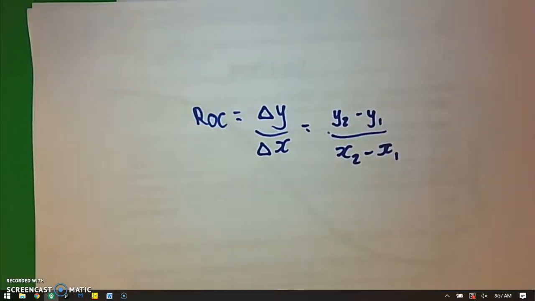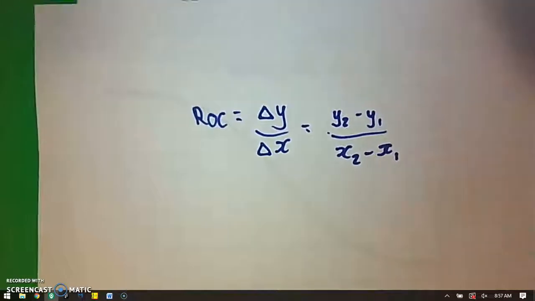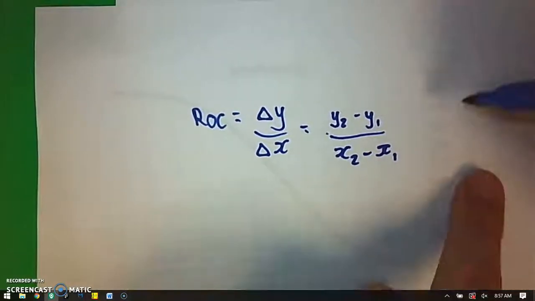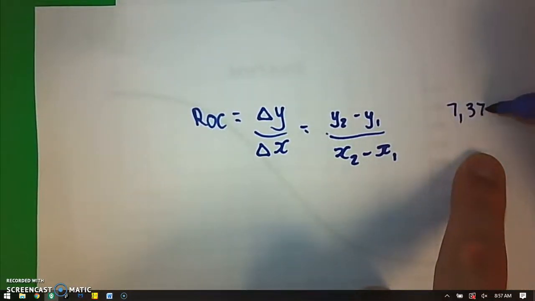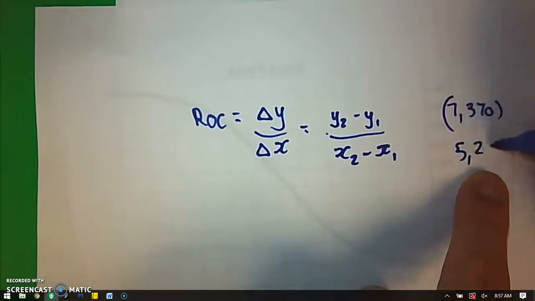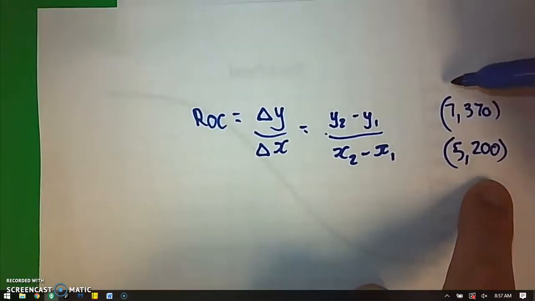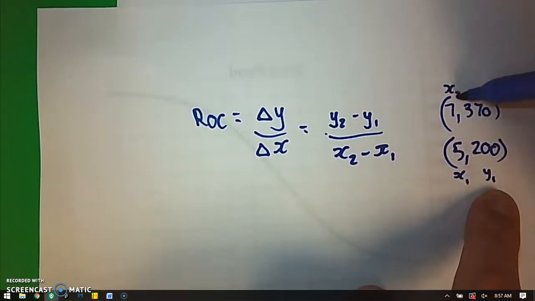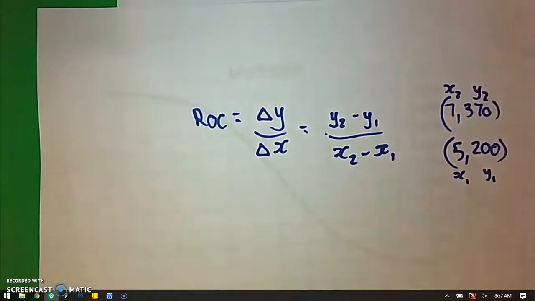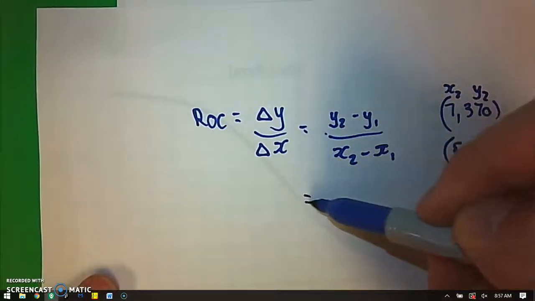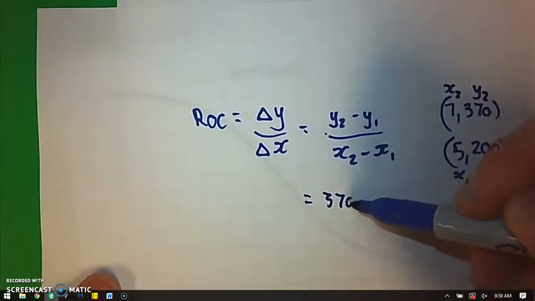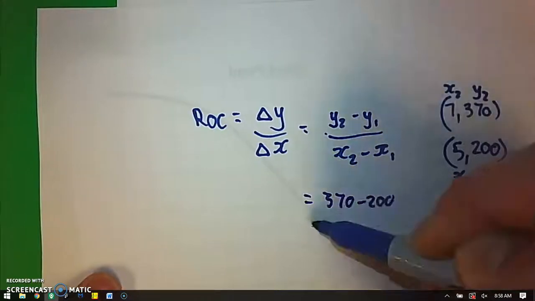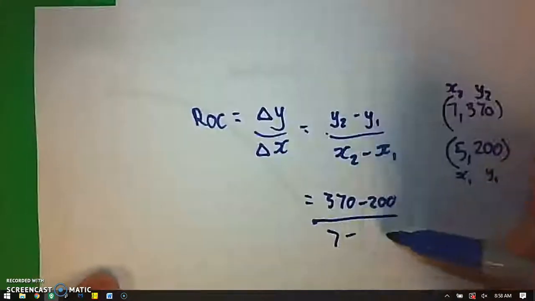Remember that? That's the equation for slope. And if you remember, our 2 points were 7, 370, and 5, 200. So let's make this one x1, y1, this one here x2, y2, and now we'll just pop them into the formula, which is going to be 370 subtract 200 over 7 subtract 5.